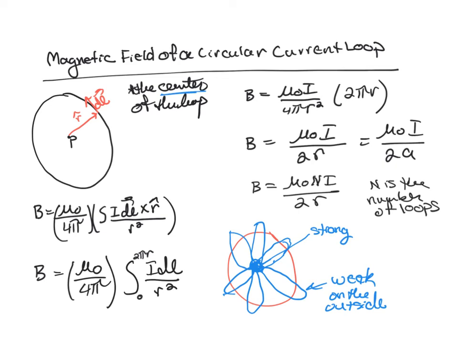Alright, so in the notes there is another formula which I'm not going to derive here. There is the derivation in the textbook, but I will give this to you.